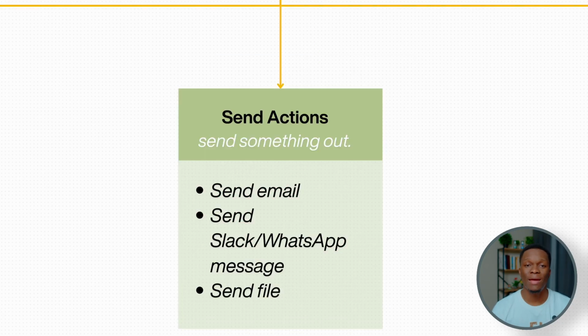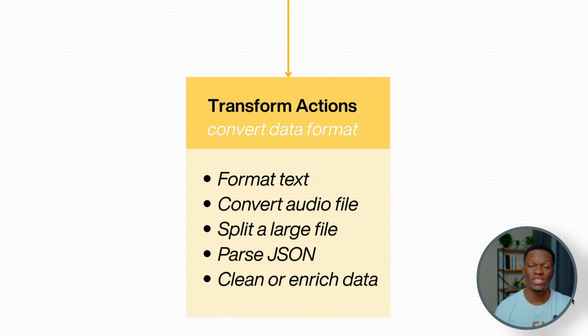The fourth type of actions are send actions. So this is where your automation sends something to a platform. So for example, send an email, send a WhatsApp, a Slack message, or send a file. The fifth type of actions are transform actions. So transform actions are basically when you format a text, you convert an audio file, you split a large file, you parse a JSON, or you clean or enrich existing data.